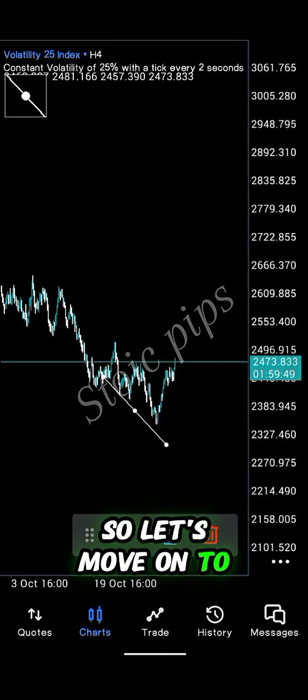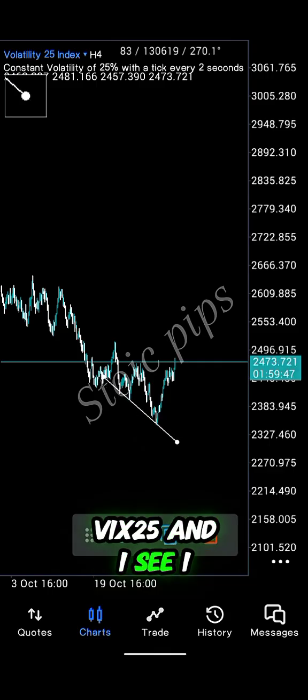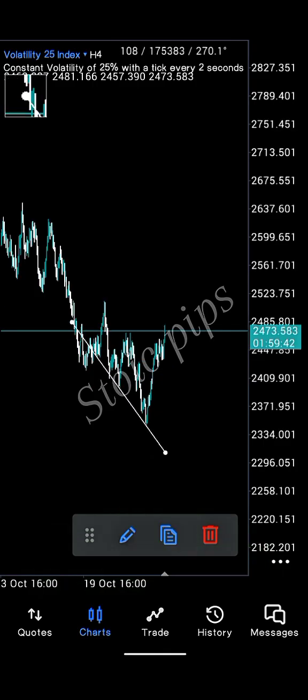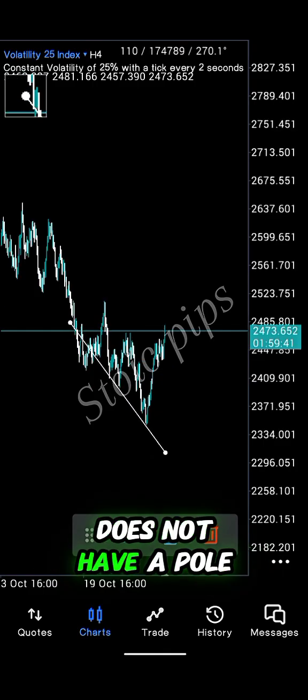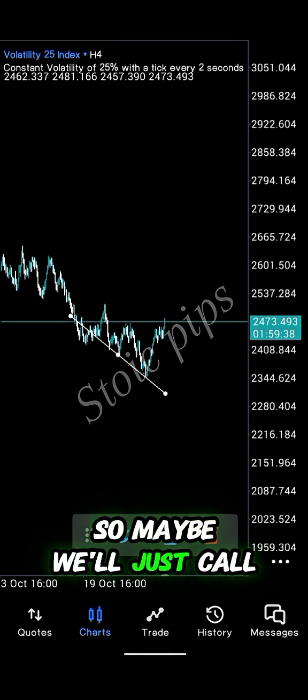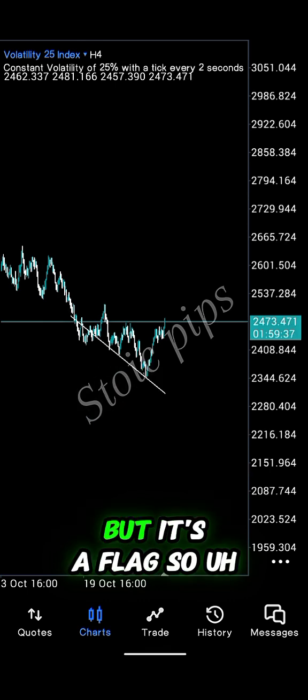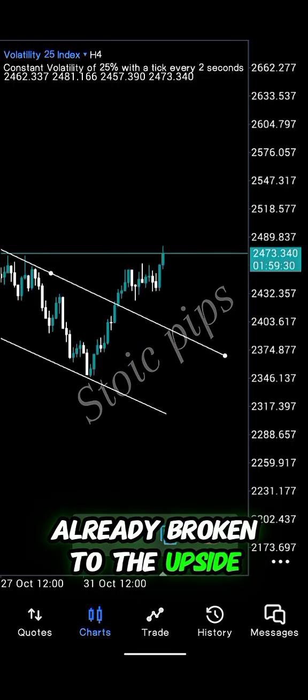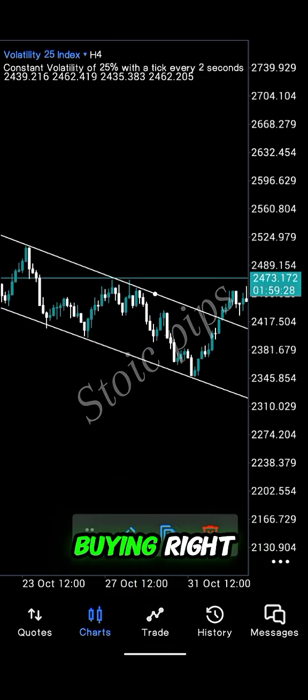So let's move on to VIX 25, and I see a flag here again. This time this flag does not have a pole, so maybe we'll just call it a wedge, but it's a flag. We see that price has already broken to the upside, so we know that price is buying, right?